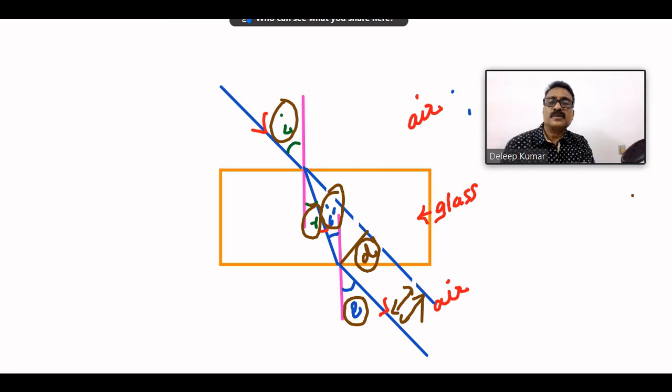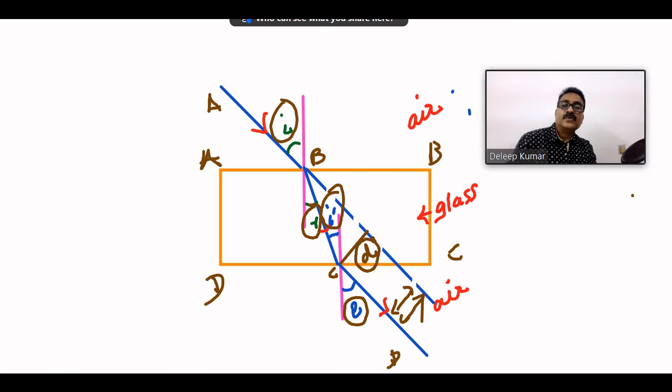Now we can mark the rectangle as A, B, C, D for the glass slab. We can give different English letters: A here, B here, C here, D here. In that way, what is AB? AB is the incident ray, and BC is the refracted ray.